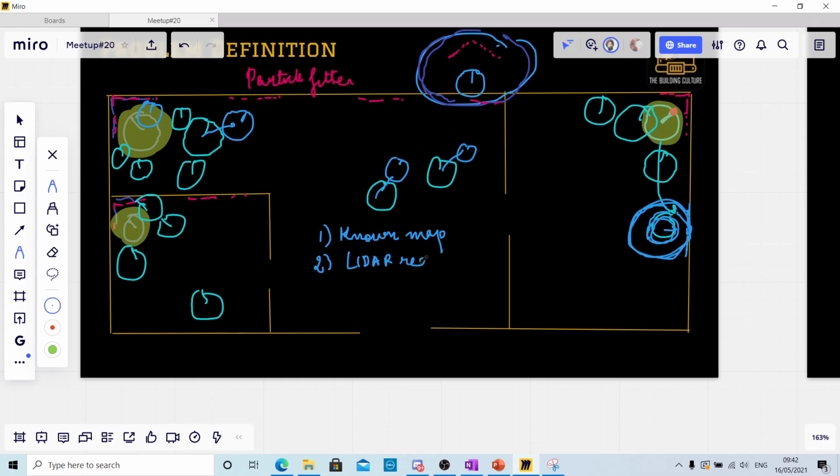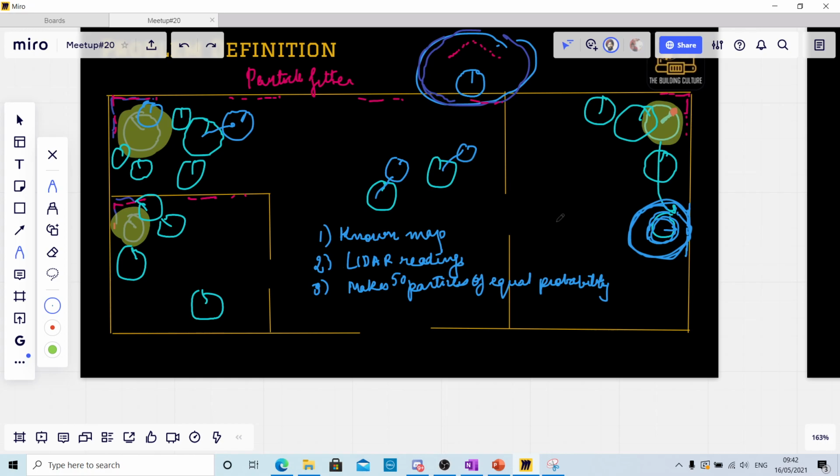We have lidar readings, and based on these, it makes particles, let's say 50 particles of equal probability of being in that particular position.